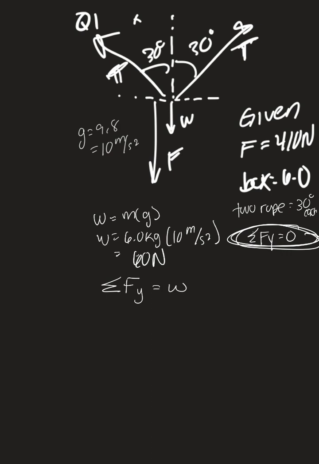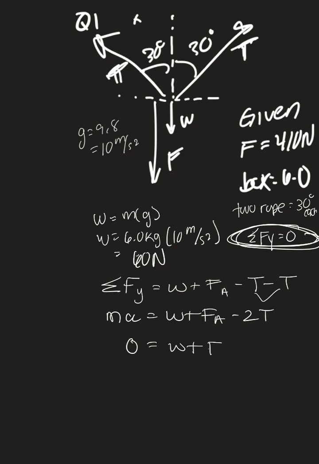Okay, so we take this equation right here and we go the sum of force Y equals W plus force F minus T. So we do ma equals W plus force F minus 2T, because we just combined the two T's. So we know that ma equals 0, which is W plus force F minus 2T.